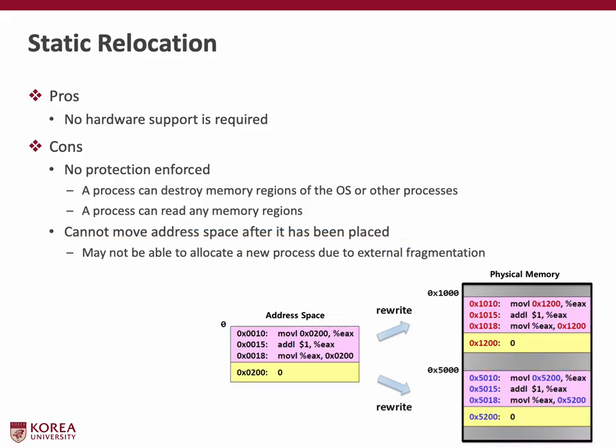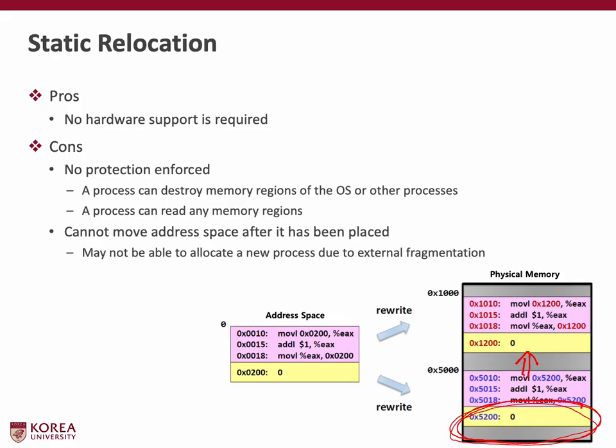However, if we could move the second process upward like this, then we could make one large contiguous block of free memory at this location, right? Then we could use that space to load the new process.